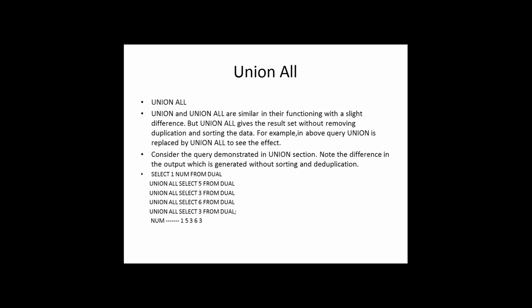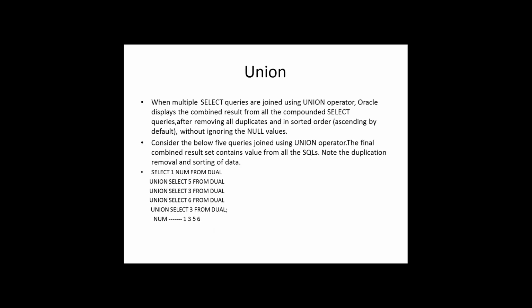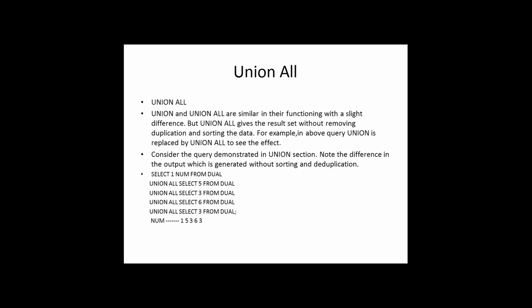You guys are clear on the union, right? Yes. So this is similar to the set operators we used to do in school days. With set operators, if there are common values between the two sets, right hand side and left hand side, then we write union. Union all works almost the same way, but the only difference is that we get all the values, even duplicates.